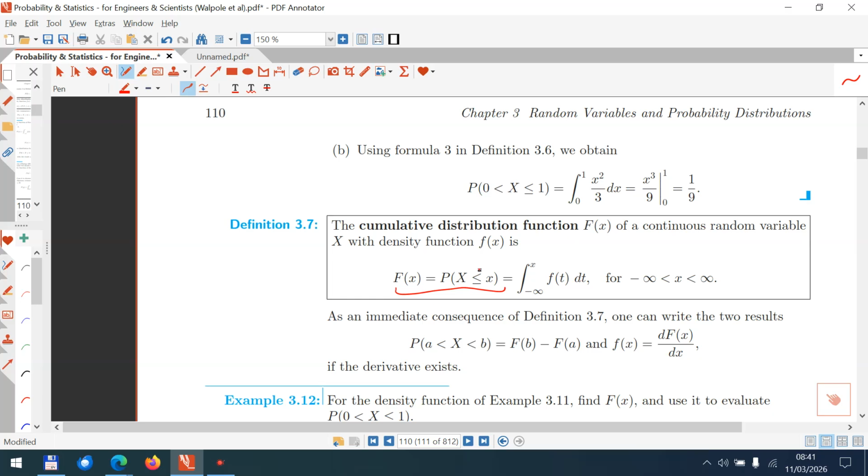Why didn't this part change for a continuous random variable? Does the upper limit have to be an arbitrary value and not infinity?